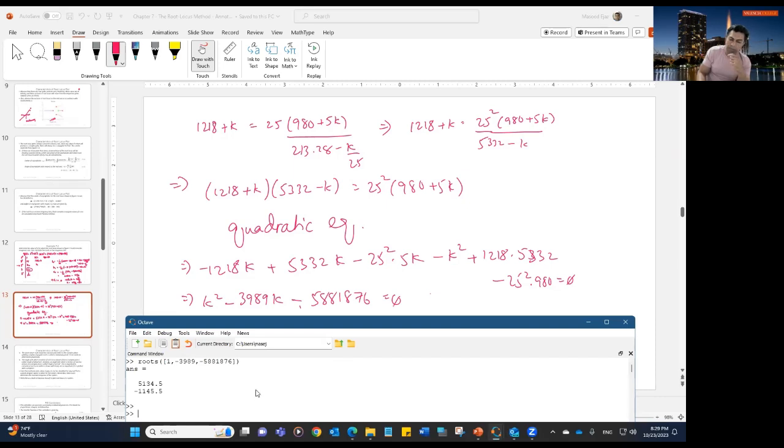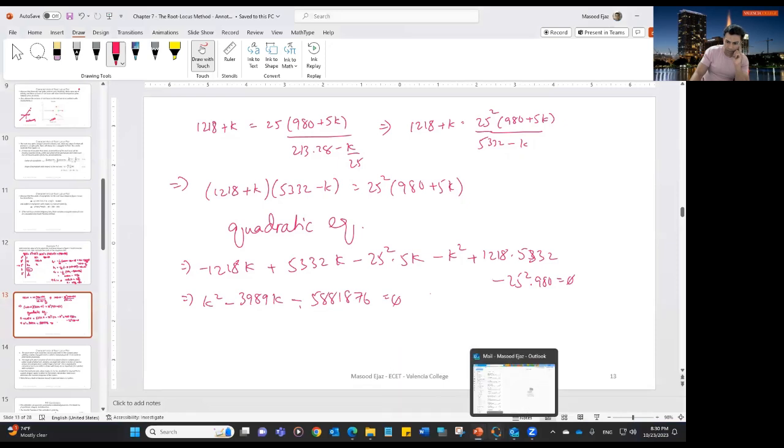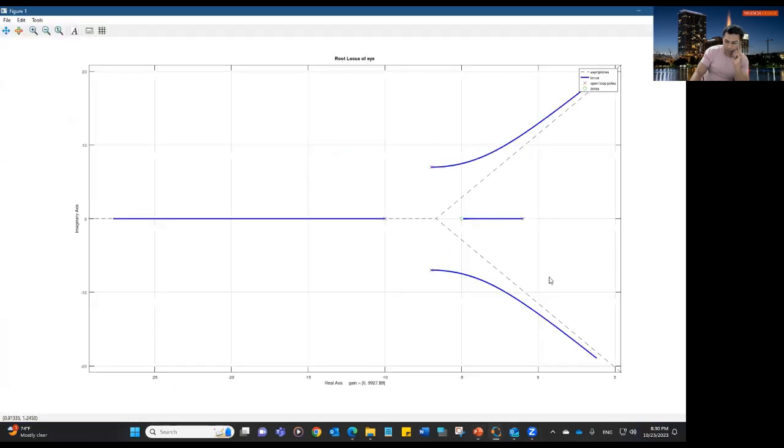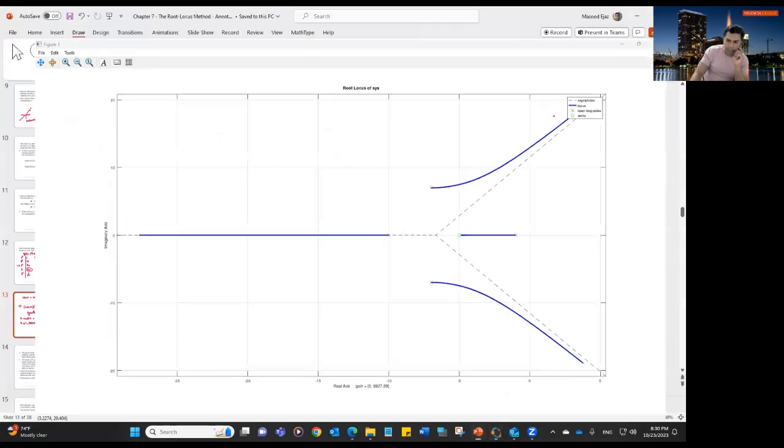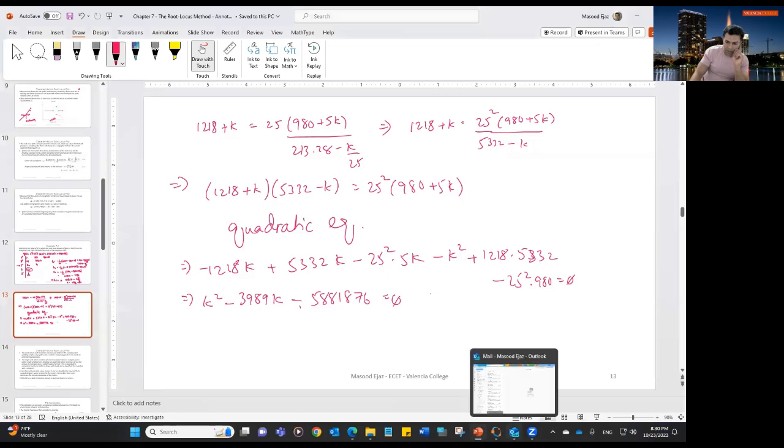We are trying to figure out what value of k is going to produce poles on the y-axis, so it will make the system marginally stable. As you can see, there are two poles on the y-axis, so we're trying to figure out the corresponding value.